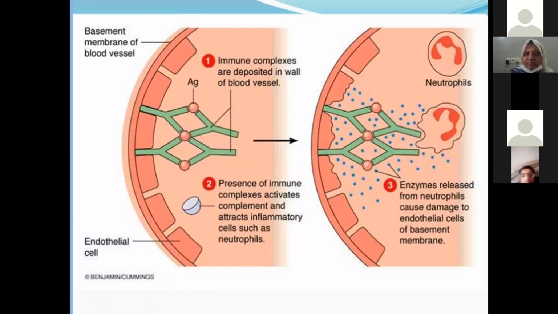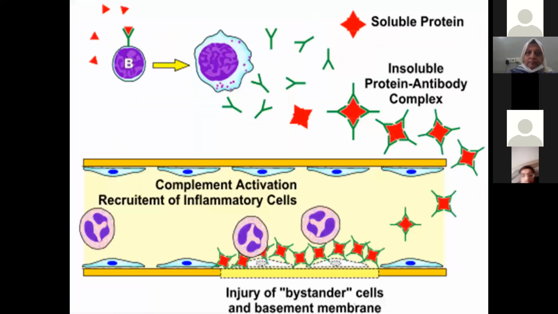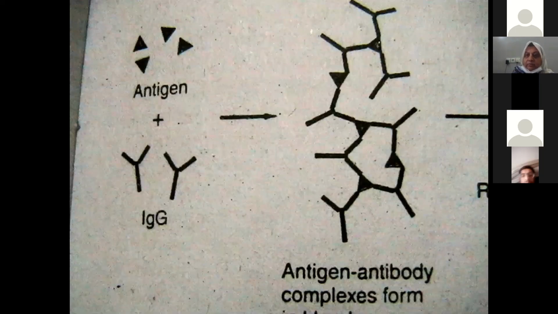The enzymes released from the neutrophils, which are cells of inflammation, and also the membrane attack complex, cause damage to this portion of the organ in which the immune complexes are deposited. So this complement activation and recruitment of inflammatory cells causes injury to the organ where these antigen-antibody complexes are deposited. Therefore, this type of hypersensitivity is known as immune complex hypersensitivity.